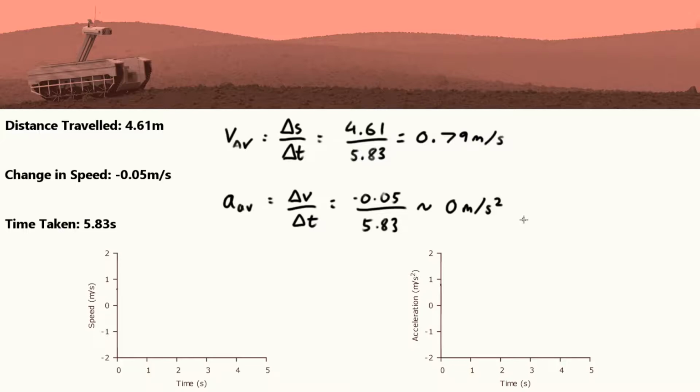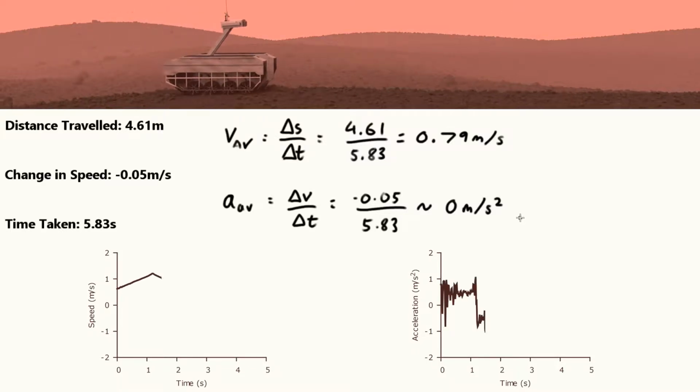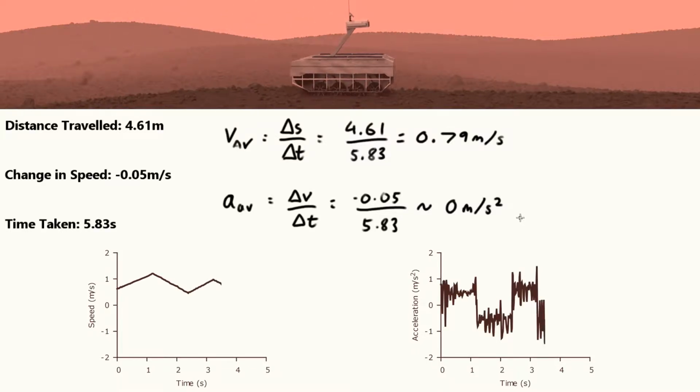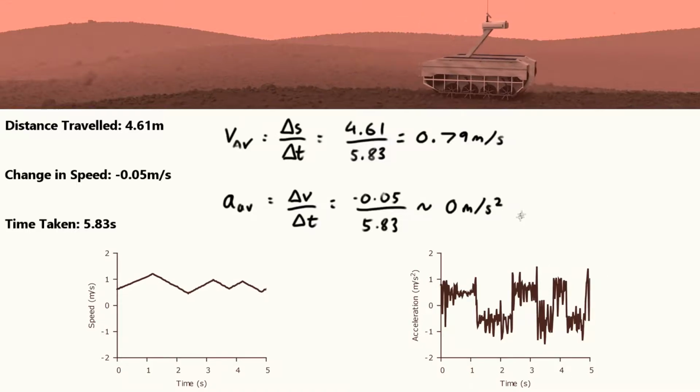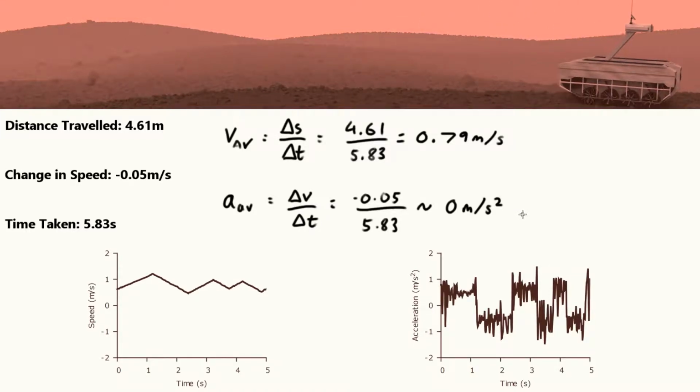Let's compare these two values to the graphs of speed and acceleration over time to see if this makes sense. Let's play the animation through. As you can see, for the speed time graph, the speed hovers roughly around the 0.8 meters per second value.